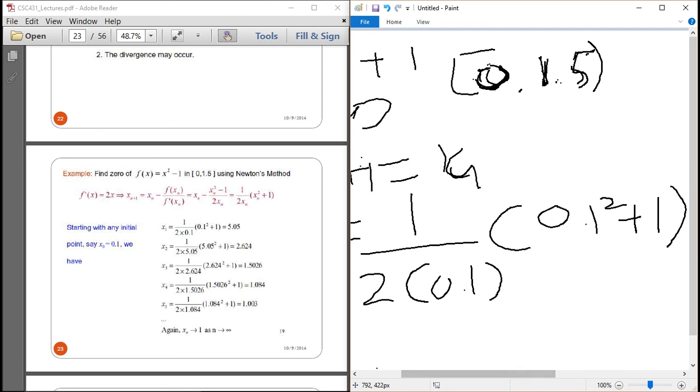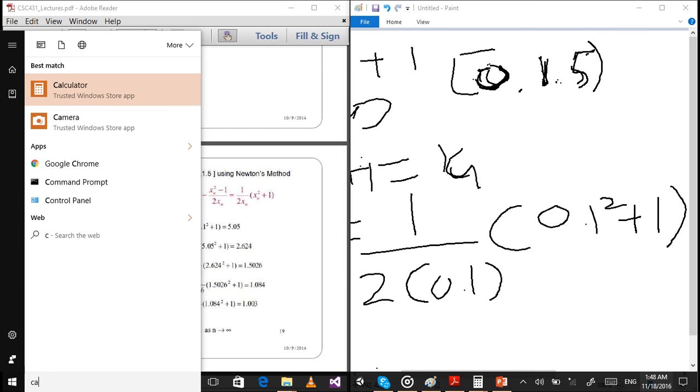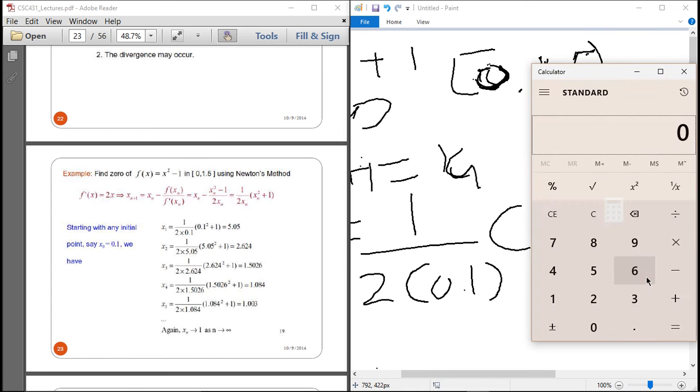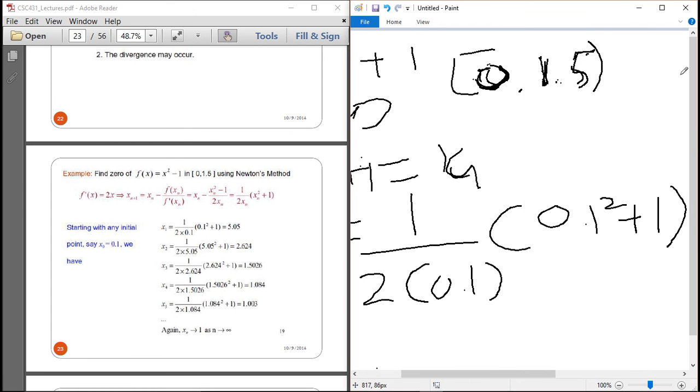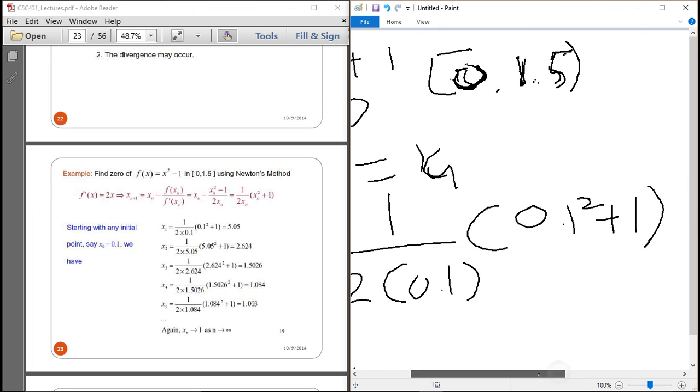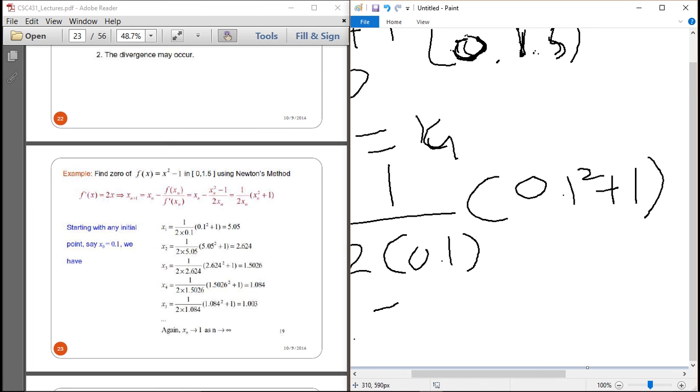If you evaluate this, 0.1 squared plus 1 will give you 1.01. So we have 1 over 2 times 0.1 into 1.01.